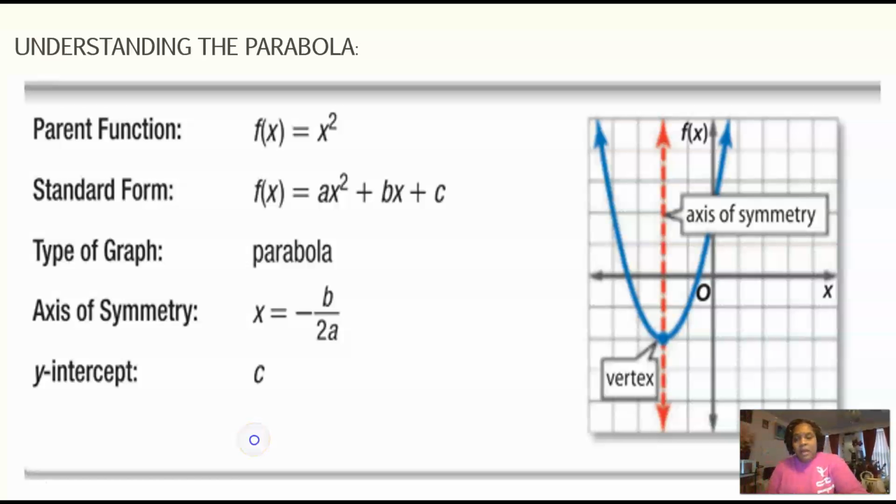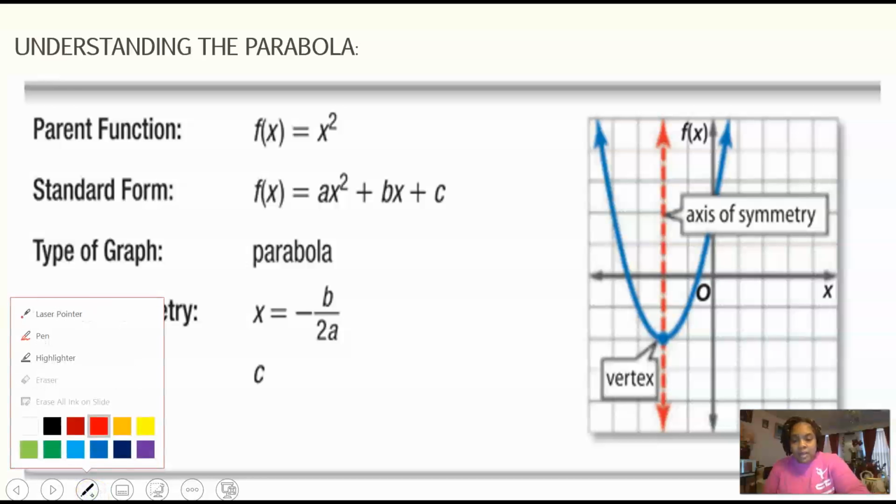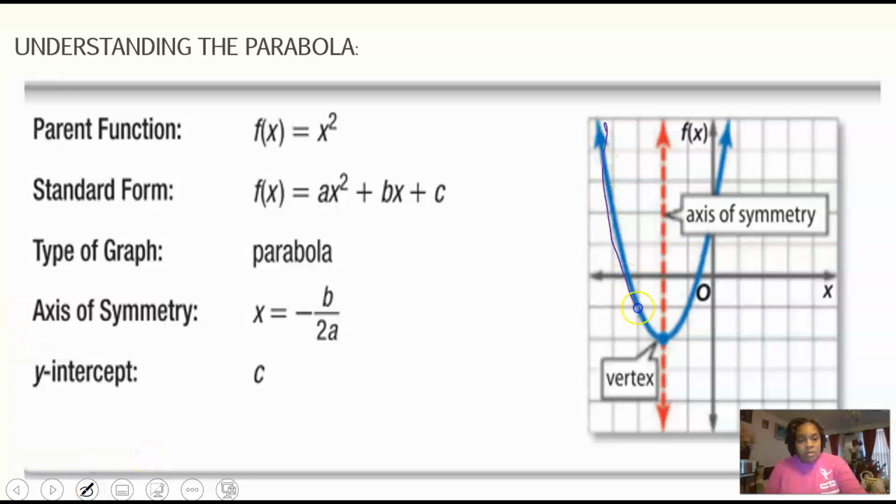Now, some of you were asking, what is a parabola? A parabola is the graph that is a U. So it's a U. Now here you have the graph, and here we have a minimum. The minimum is here. That's the minimum point, and it's also our vertex. The axis of symmetry is a line you can take down the middle of the graph.